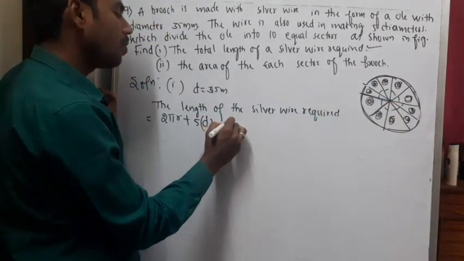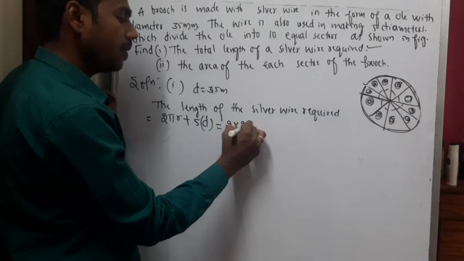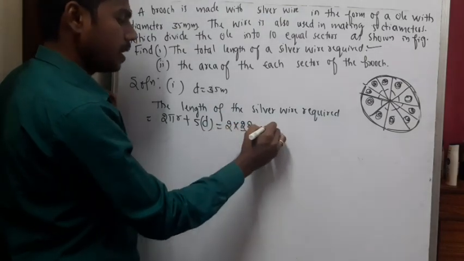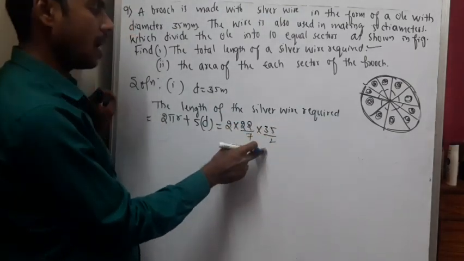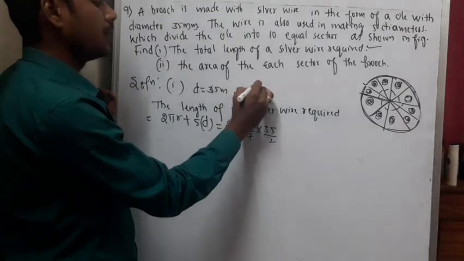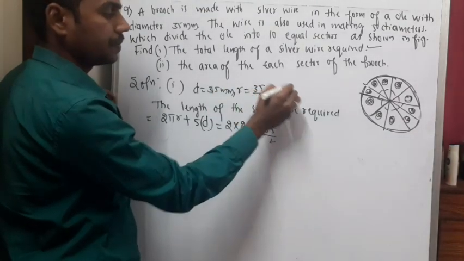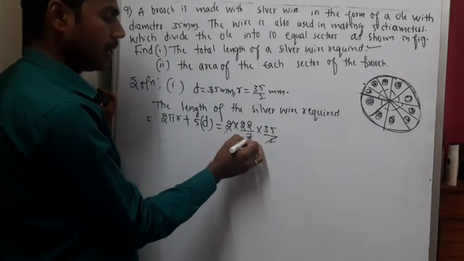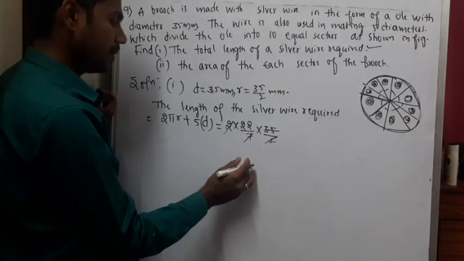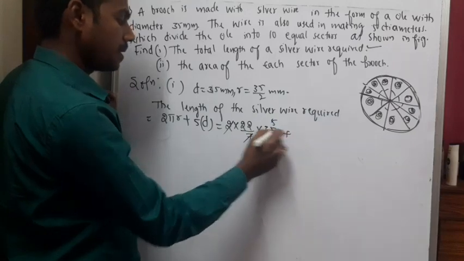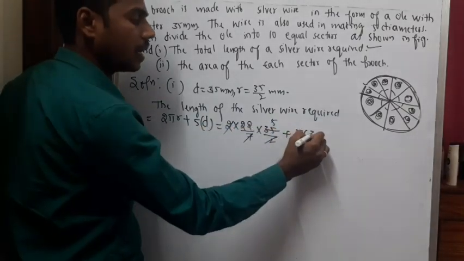So this is equal to 2 into 22 divided by 7 into 35 divided by 2, because we need r. R is equal to 35 divided by 2, in mm. These two will get cancelled. 7 ones are 7, 7 fives are 35, plus this 5 into d, 5 into 35.